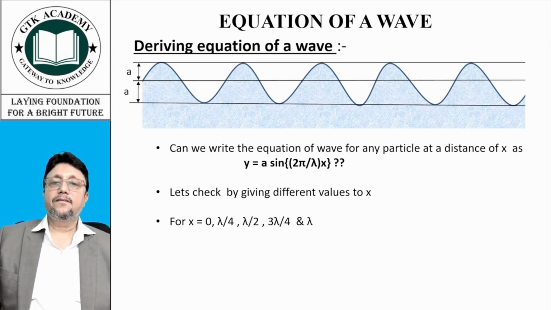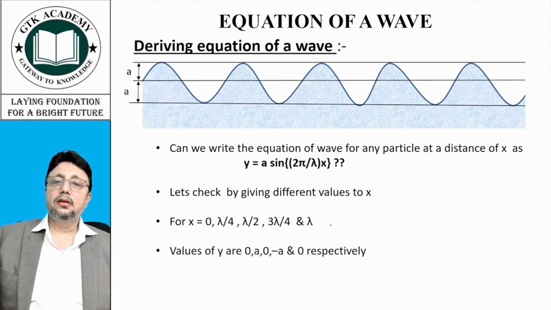So we get the values of y at 0, lambda by 4, lambda by 2, 3 lambda by 4, lambda as 0, a, 0, minus a, 0.